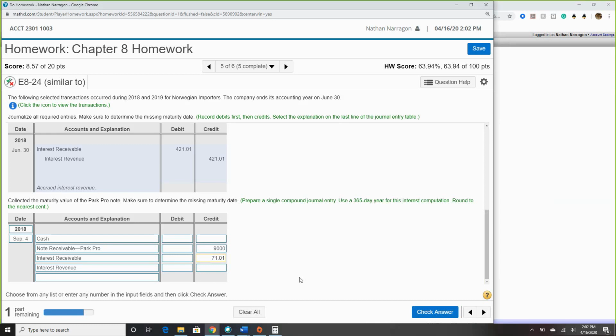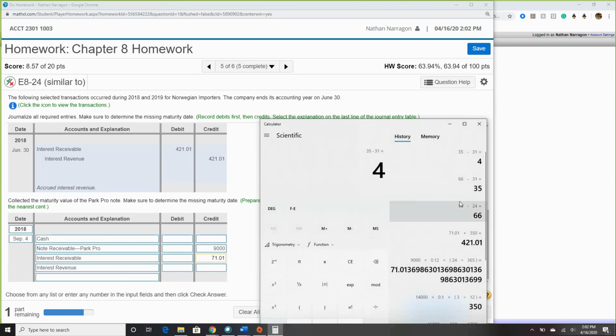The last thing we have to do is compute the revenue. And look at this. While I was computing the maturity date, I actually figured out how many days are left on the note after June 30th. That would be 66 days.